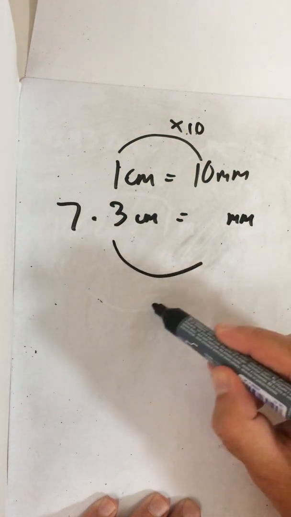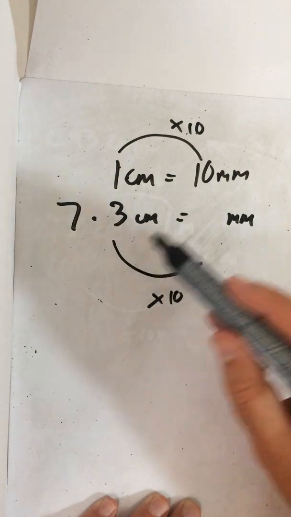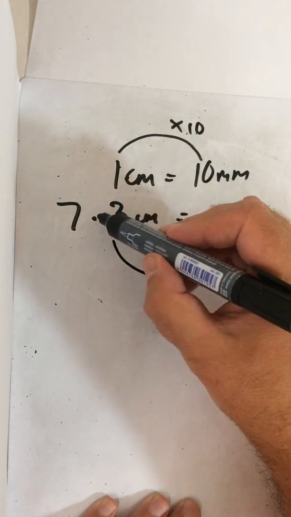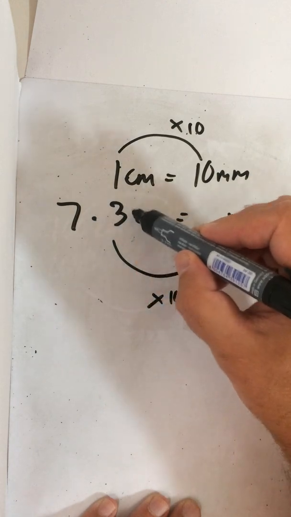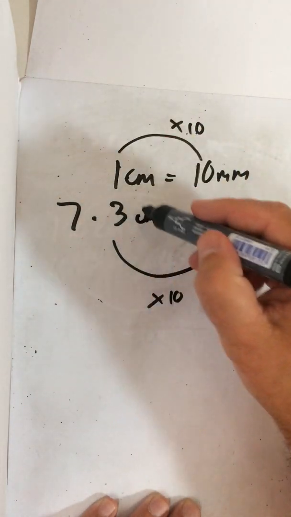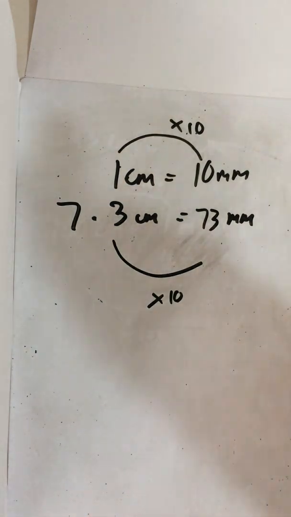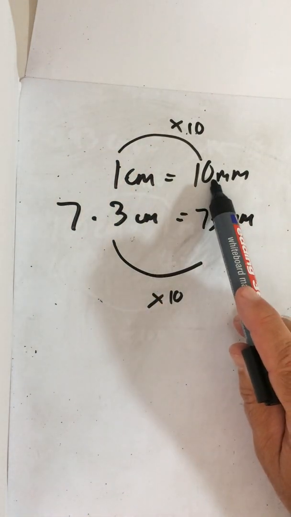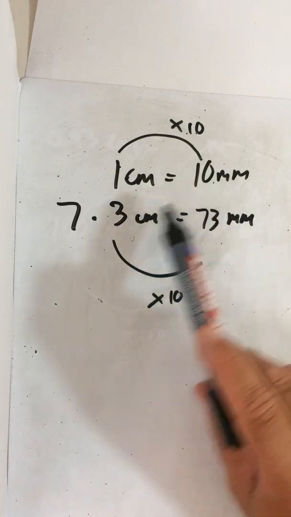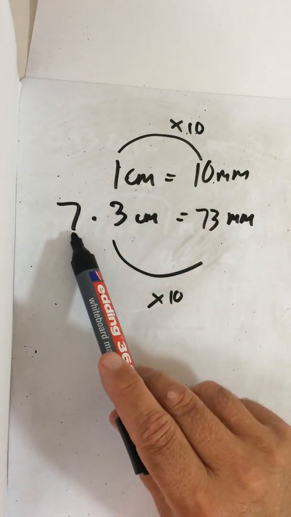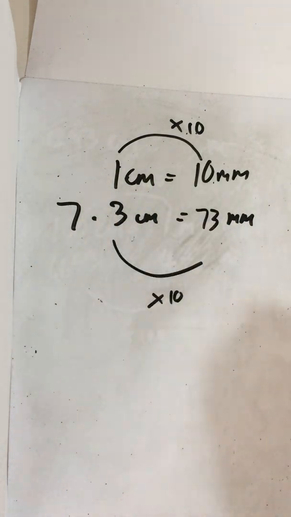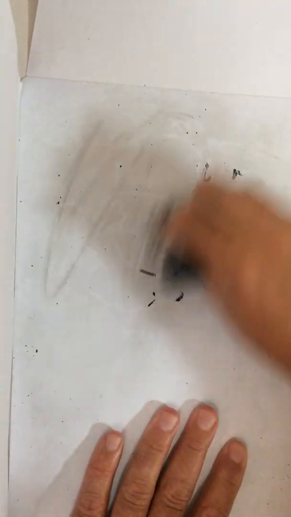I have to times this by 10, okay, and that will be 7.3 again, because I'm timesing by 10, moving the decimal point, it becomes 73. Another way of doing it, if 1 is 10, 7 will be 70, won't it? So it becomes 73. Okay, I know, pretty straightforward for a lot of us.